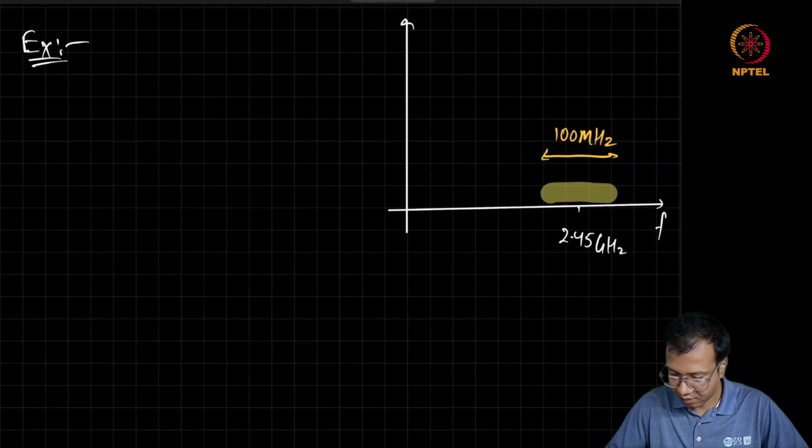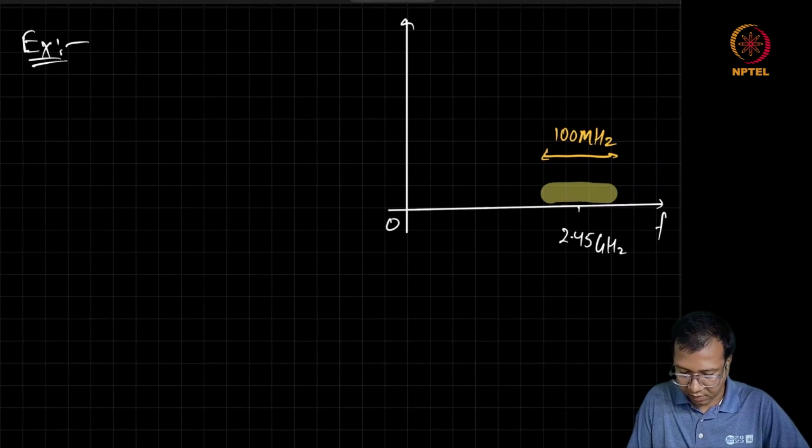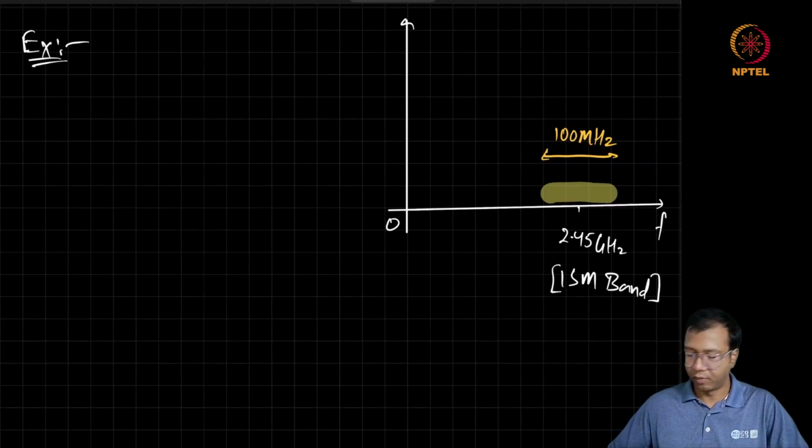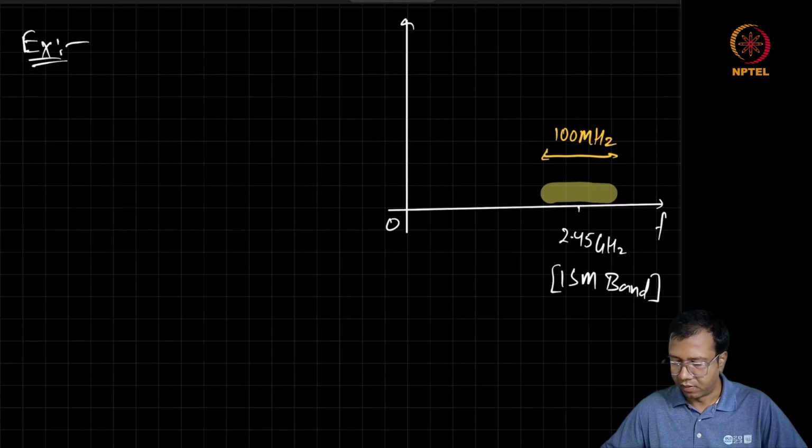This is also your ISM band. You will find that Bluetooth, Wi-Fi, Zigbee, and many such applications are present in this band. This band is not licensed, so it is possible to operate in it without taking special permission from the government body.